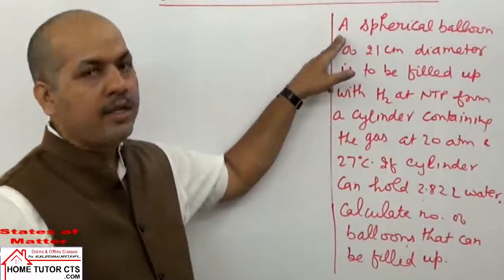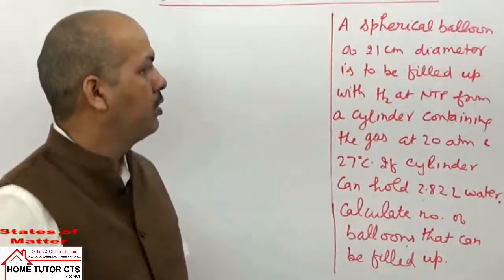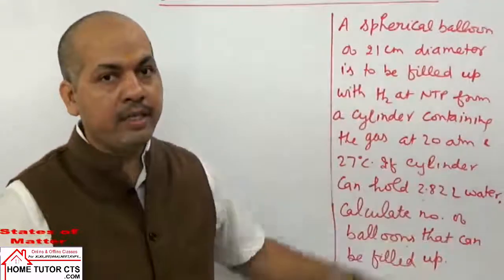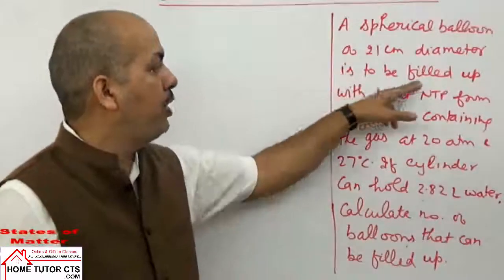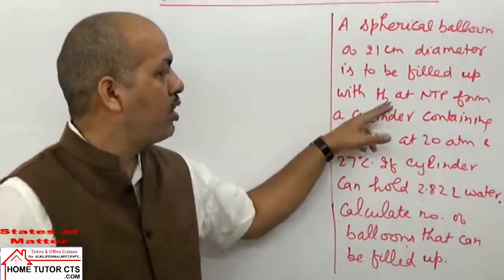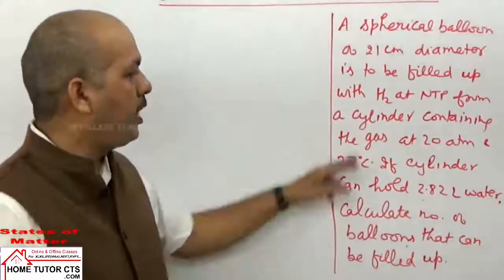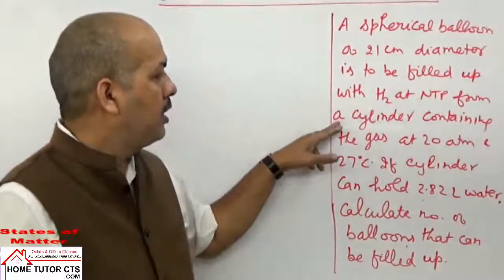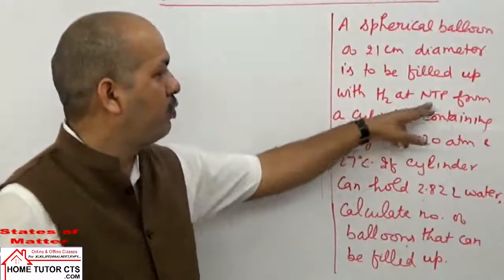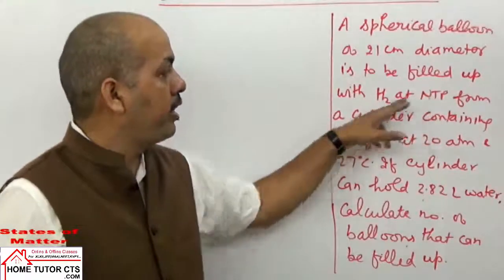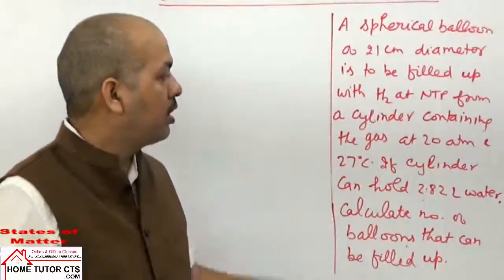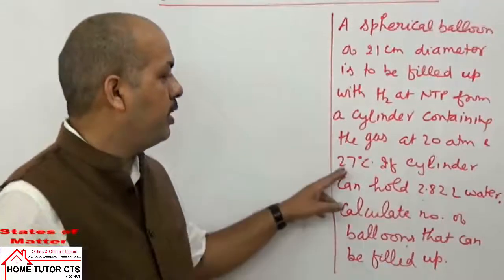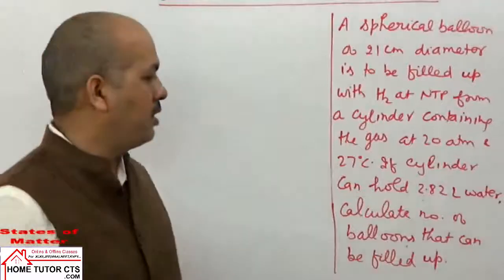Write down. A spherical balloon of 21 centimeter diameter is to be filled up with hydrogen at NTP from a cylinder containing the gas at 20 atmosphere and 27 degrees Celsius.